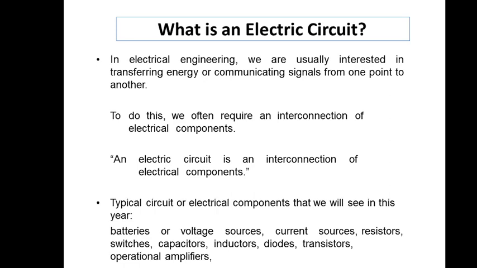Typical circuit components that we will see are batteries or sources, voltage source or current source, and different types of elements: resistor, capacitor, switches, transistor, diodes, amplifiers. If you connect all these elements, that is called an electrical circuit.